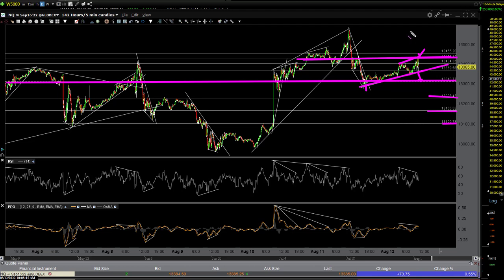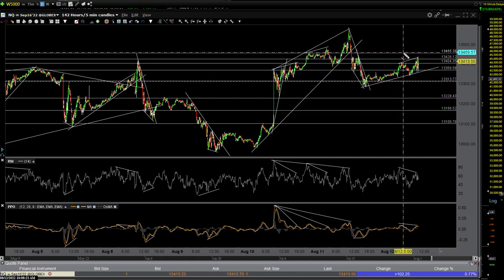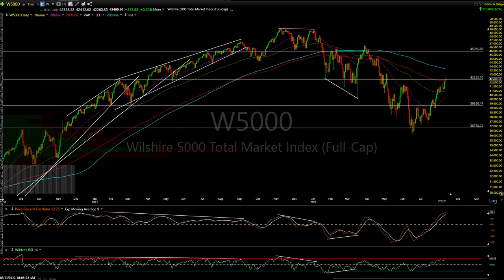All right, let's jump all the way out to longer-term charts. Since I do almost the same charts every day, usually the small caps and QQQ, let's look at the stock market as a whole. I don't use the Dow. The Dow is an antiquated index. It's the old 30 stocks, not representative of the economy or the stock market.